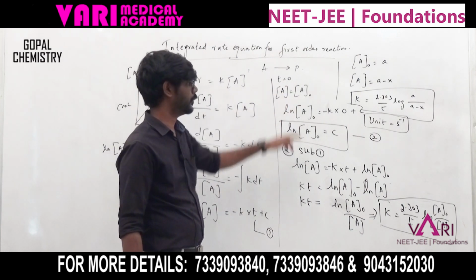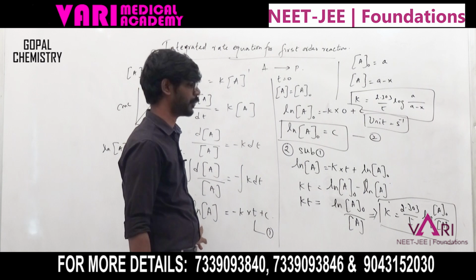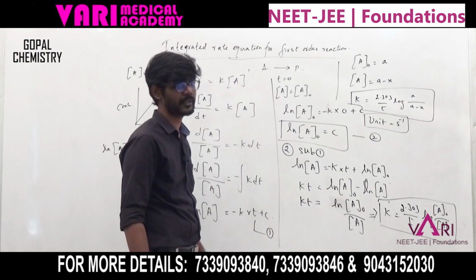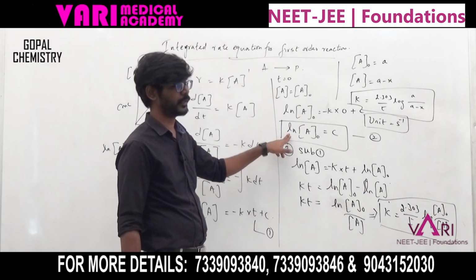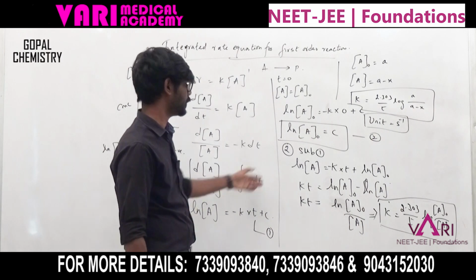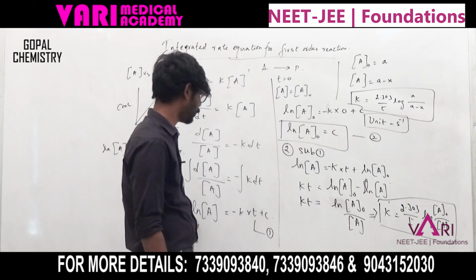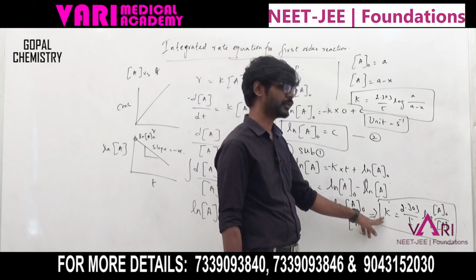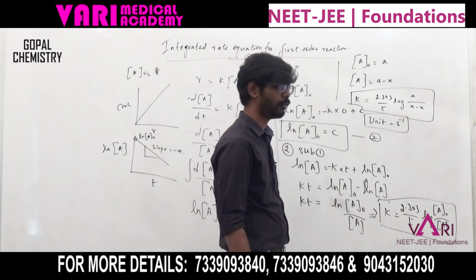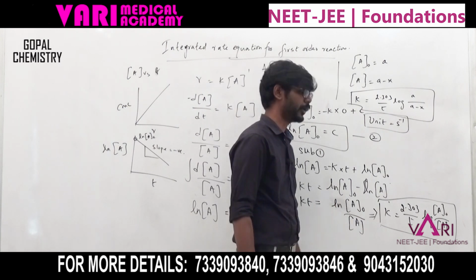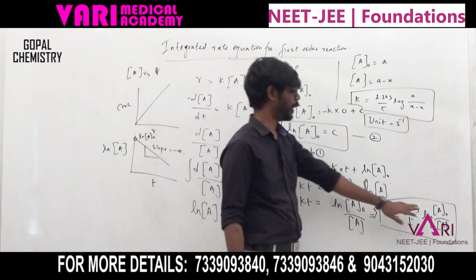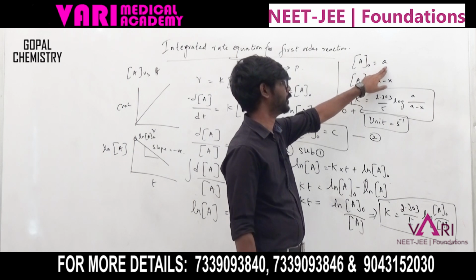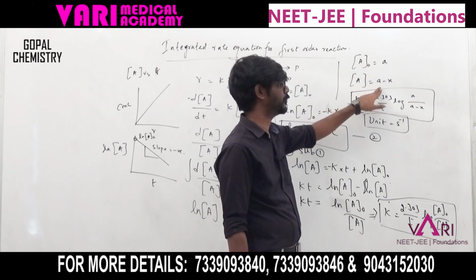So we put this value into equation number 1 and obtain negative ln of A naught equals C. Again this value has to be substituted in equation number 1, so we obtain k equals 2.303 divided by t into log of the concentration of A naught divided by A. This is simplified in ratio, so A naught is taken as a, and A in terms of a minus x.